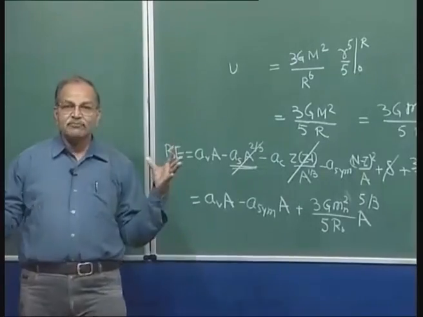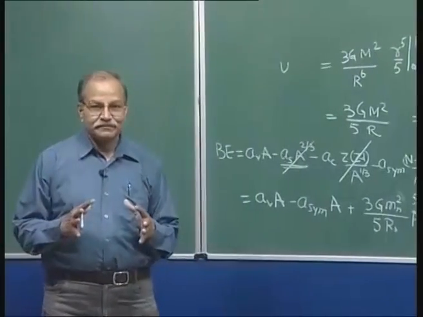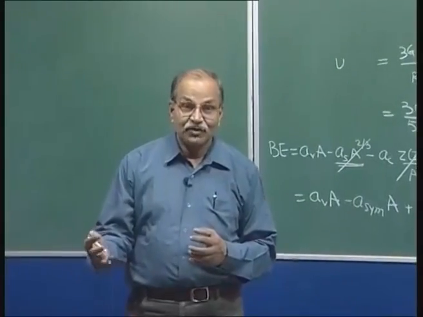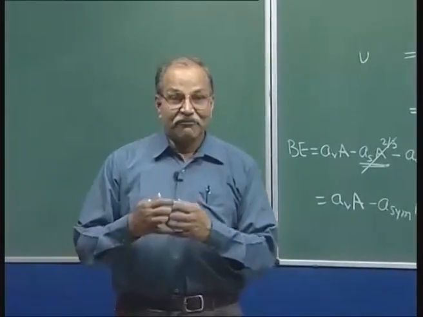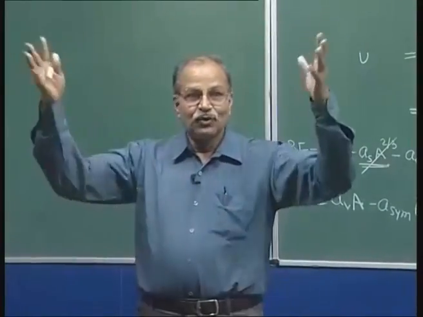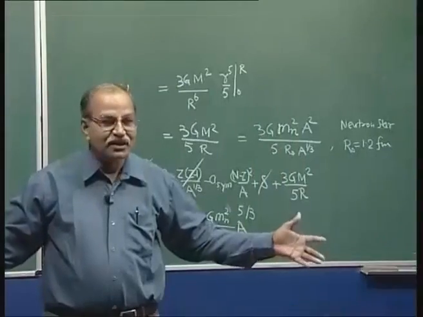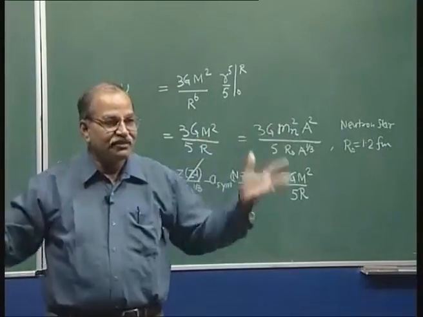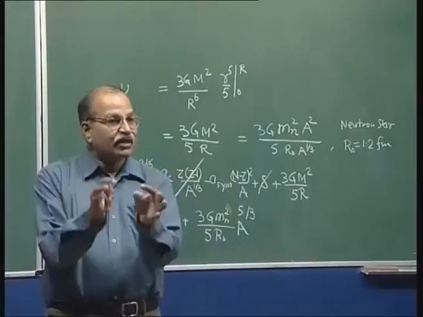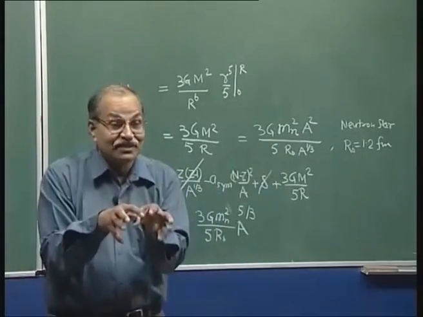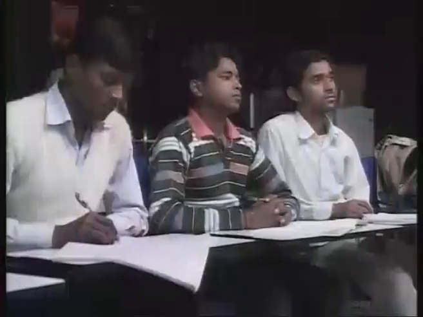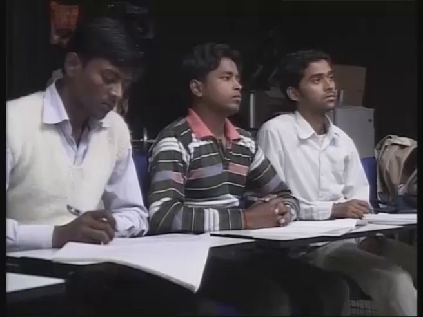Now, for a system to be bound, binding energy should be positive, right, because binding energy is difference between total mass energy when the parts are separated from each other, all nucleons separated from each other, then the mass is larger, and the bound system mass is small, that is why it is bound system, mass is smaller, and that difference is binding energy. So, this binding energy has to be positive, then it is bound.